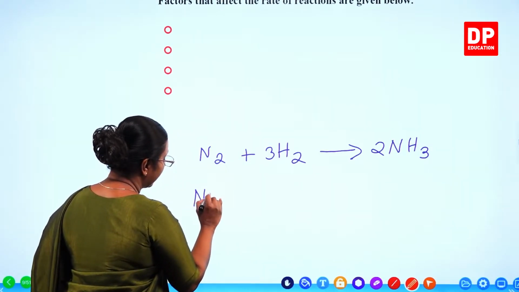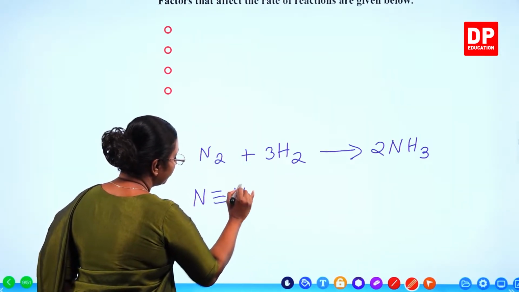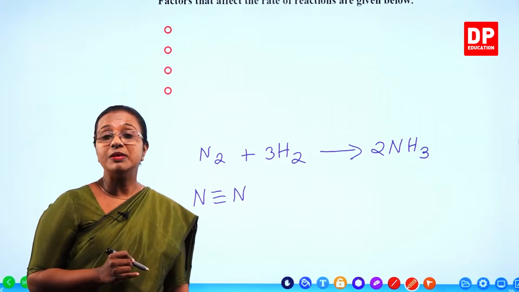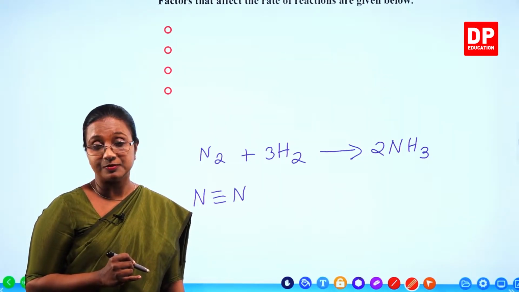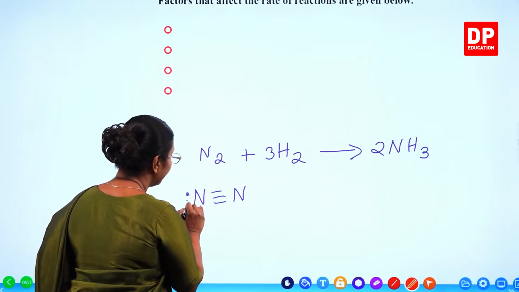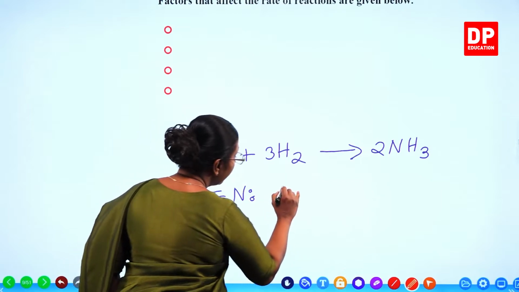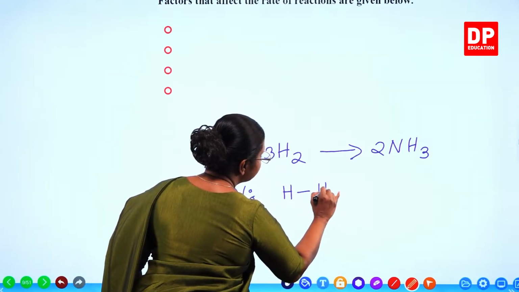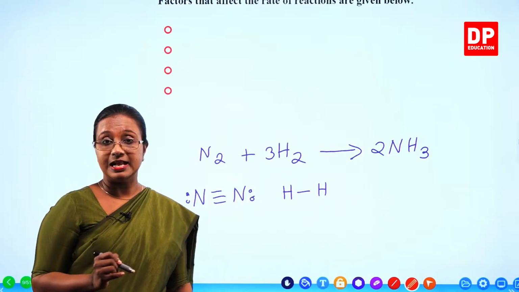Now if you take a nitrogen molecule, you all know that there is a triple bond between the nitrogen atoms. You are familiar with the Lewis structure, students. And there are lone pairs also here. Now hydrogen, there is a single bond between the hydrogen atoms.